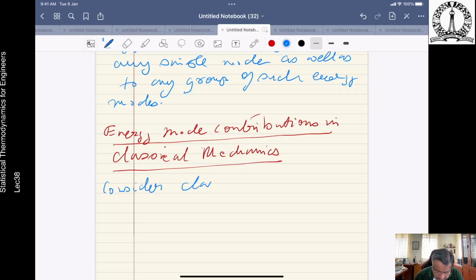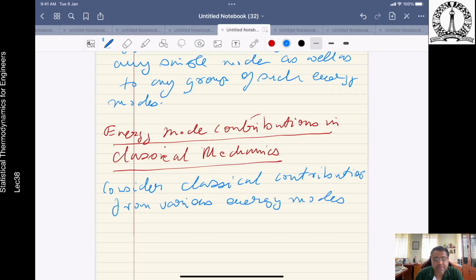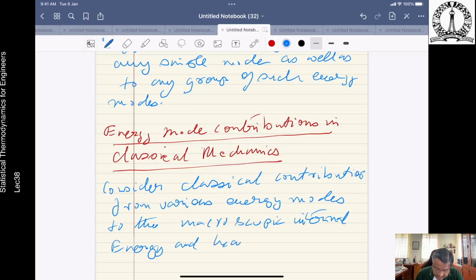So let us consider the classical contributions from various energy modes to the macroscopic internal energy and heat capacity.